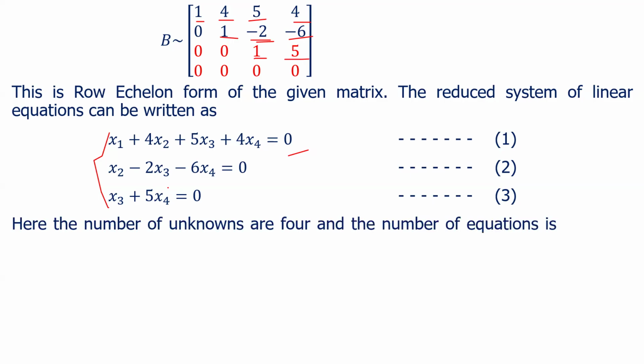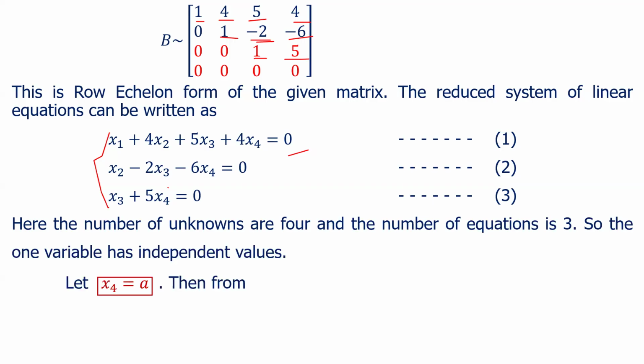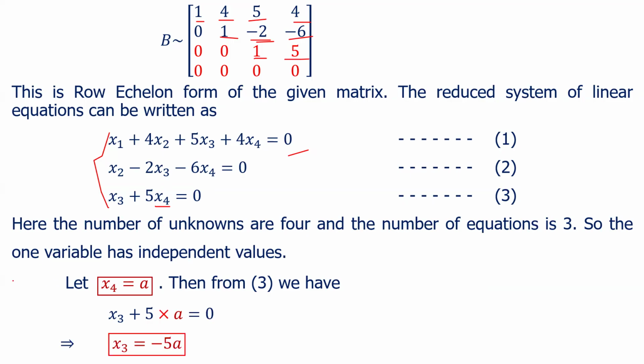Here the number of unknowns is 4 and the number of equations is 3, so one variable has independent values. Let x4 be equal to a. Then from equation number 3, x3 plus 5a equal to 0, which gives us x3 is equal to minus 5a.